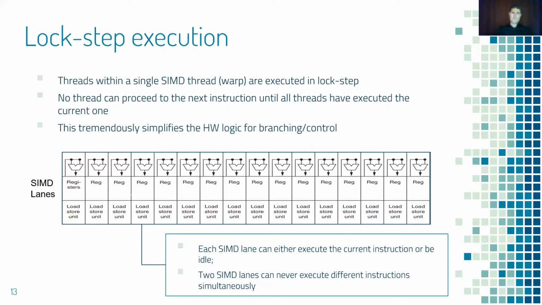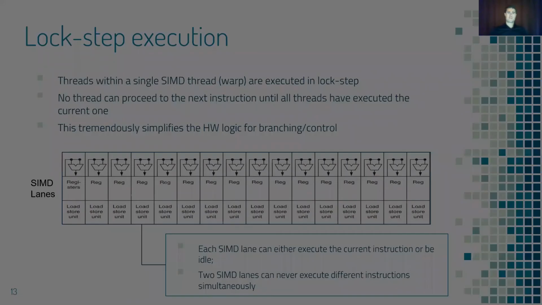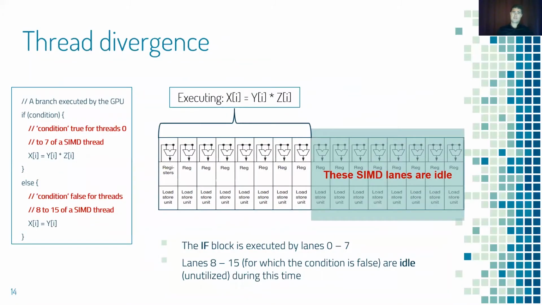So this brings us to thread divergence. It's a consequence of lockstep execution, and a kind of Achilles heel of GPUs. On the left part of the slide, you see a code segment. The if block will execute if the condition is true, and let's assume that it's executed by threads 0 to 7 of a SIMD thread or a warp.